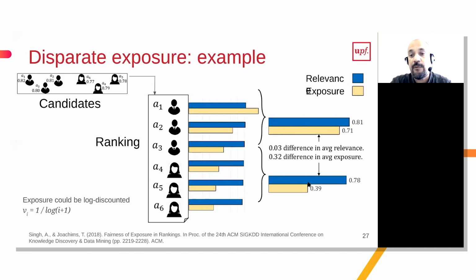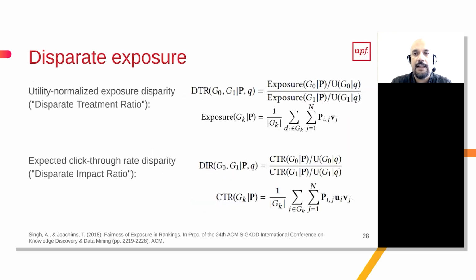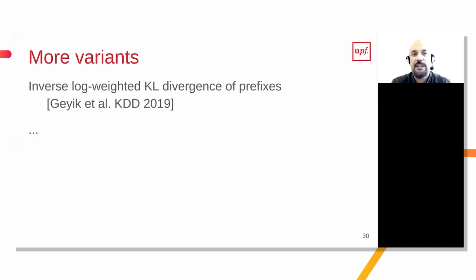But the examination probabilities are very different. There is a huge difference in the probability that a woman will be seen in this ranking, and that gap in the exposure given to men and women is not proportionate to the difference in the relevance, or the estimated relevance, of these two groups. This is quite problematic, and Singh and Joachims define some ways of re-ranking the items so that you can achieve similar exposure.